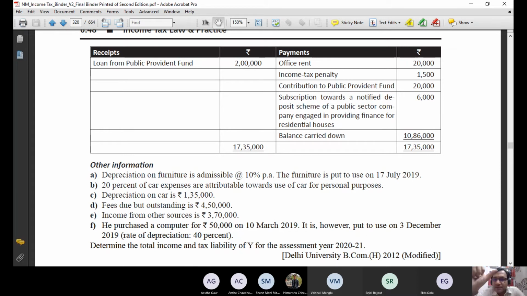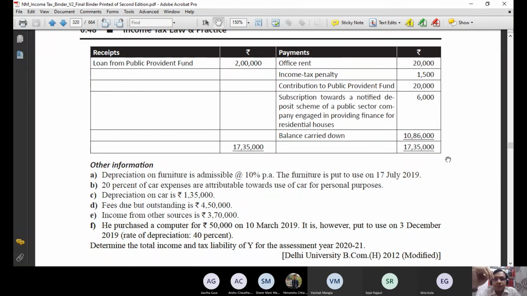First, PGBP income is required in this case because the assessee is a professional. Then the question is, should I compute it on cash basis or accrual basis? I cannot compute it on accrual basis because a cash account is given. Now, if I have to compute on cash basis, I have two options.